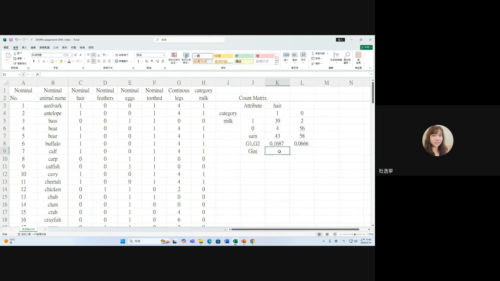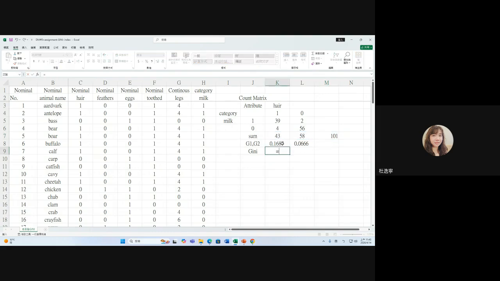And the Gini index. Gini index needs the total. So this part also needs the total. So we have to examine whether they are 101. So the sum is 101. So here we use the weight.